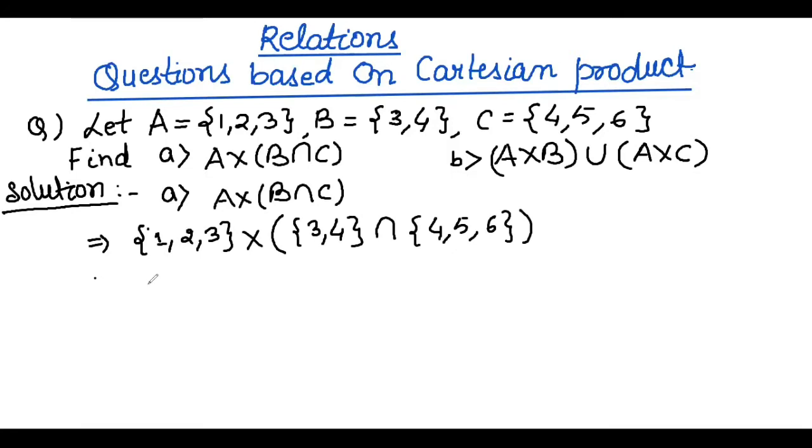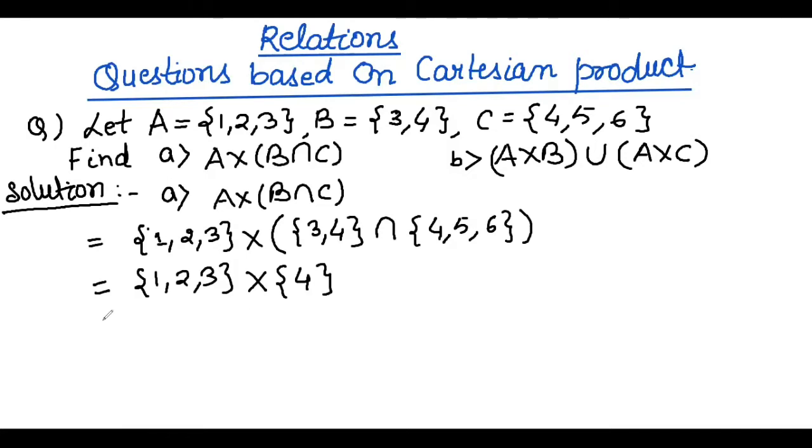So we'll calculate here. We know that intersection means common in both. So here we will get common only 4. So we will take here 4.